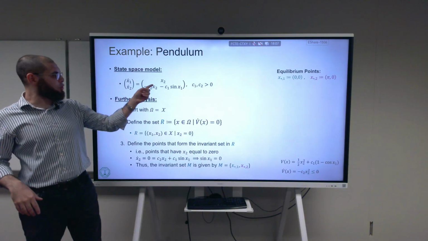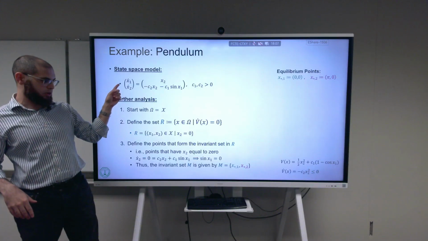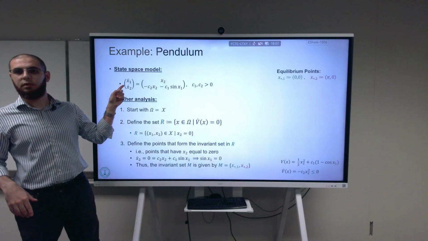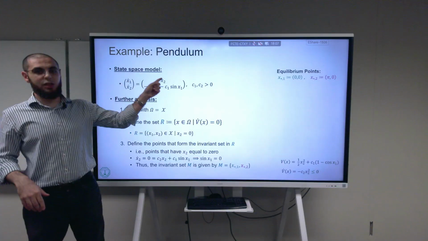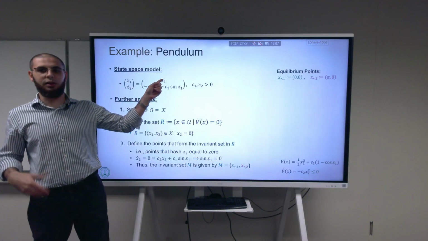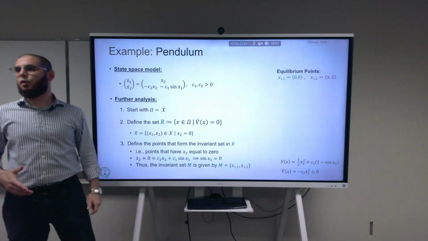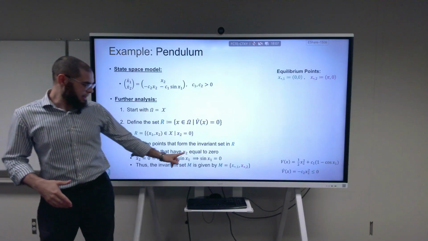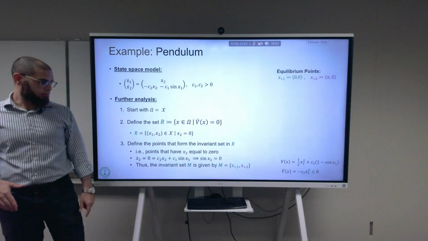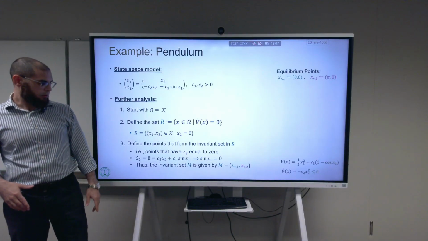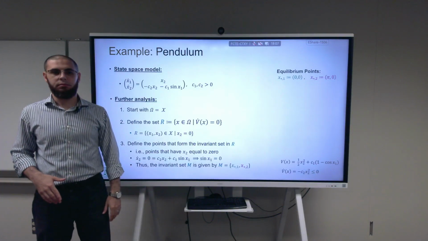So I have x2 equal to 0 and x2 dot equal to 0. And x1 dot will also be equal to 0. What are we left with? Sine of x1 equal to 0. This is simply the set that makes M.